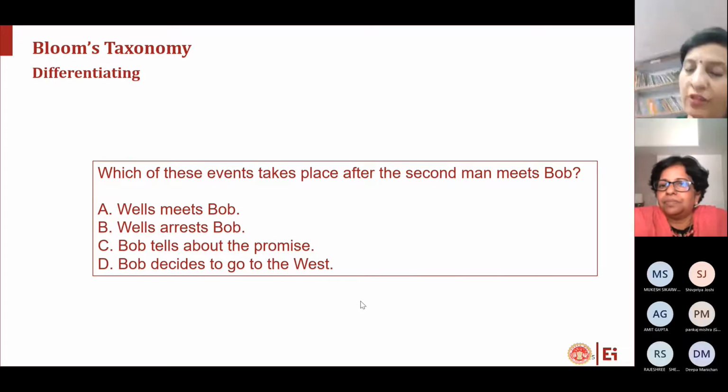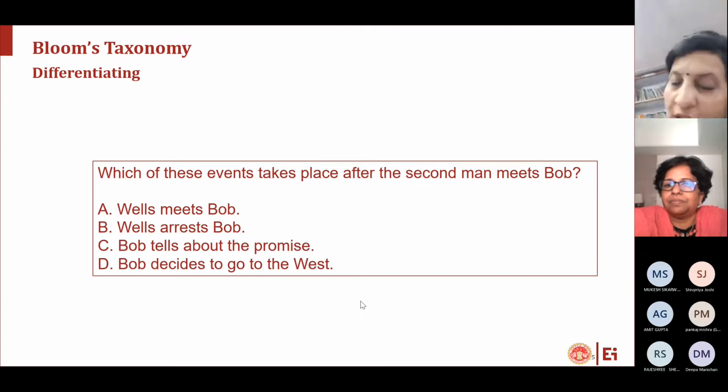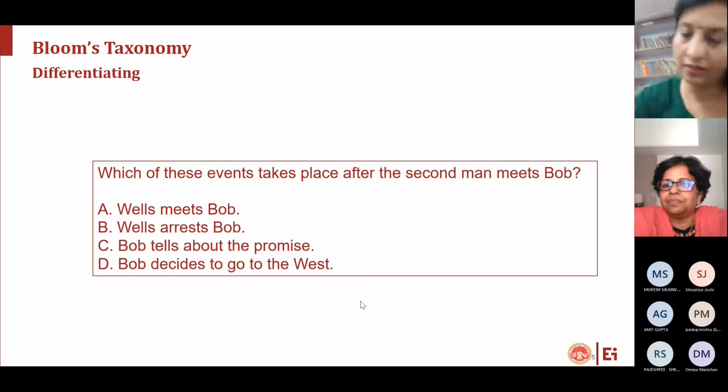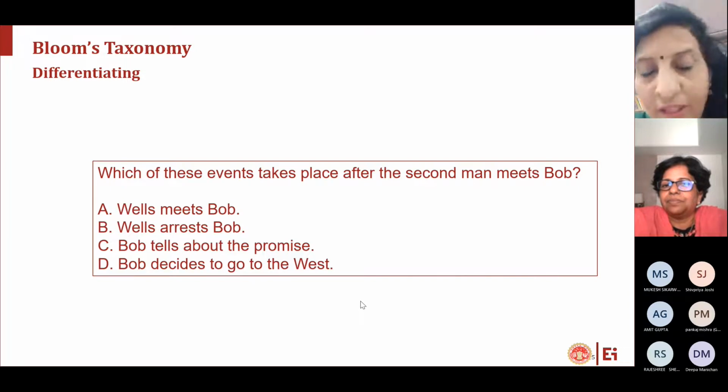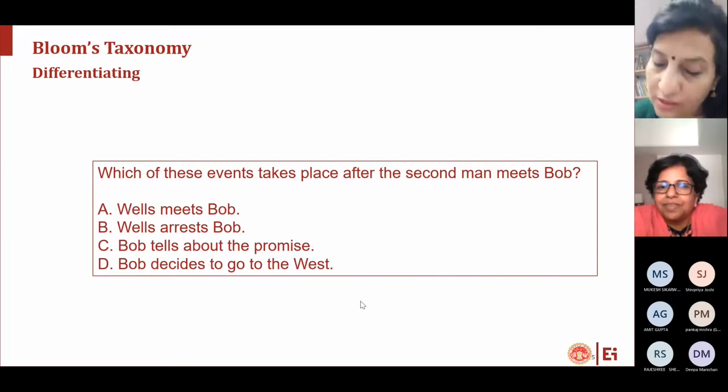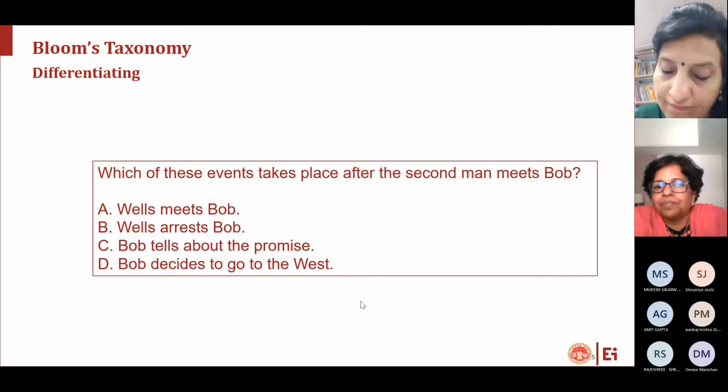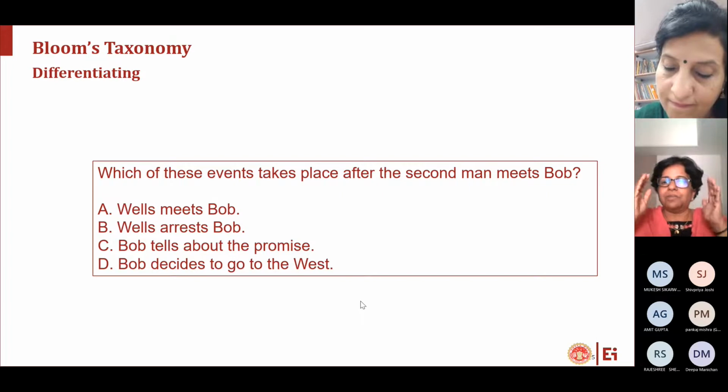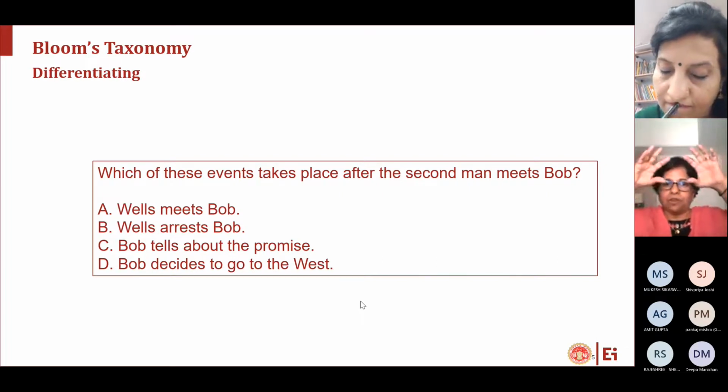Ma'am, according to me, I am in a dilemma whether it should be G or C. Ma'am, think about it: is it asking at a whole concept level of plot, characterization or something, or is it asking inside a concept, a particular event or a particular character?